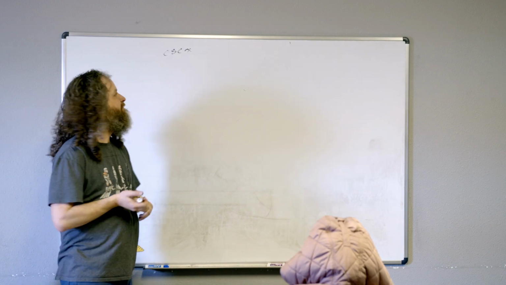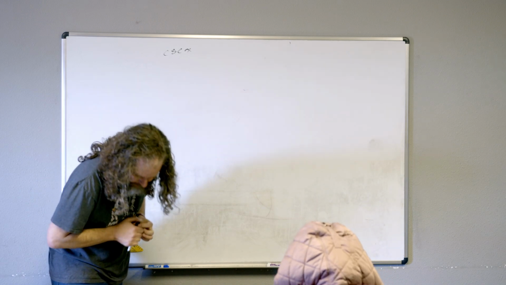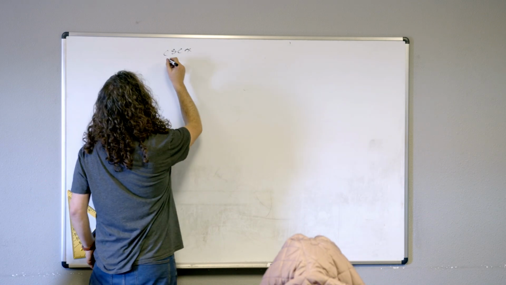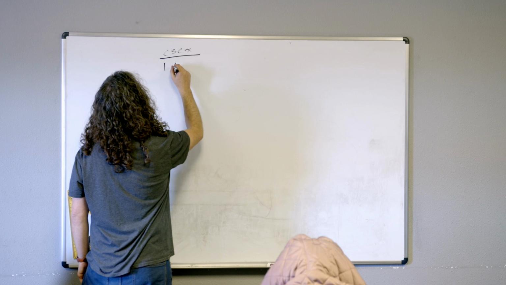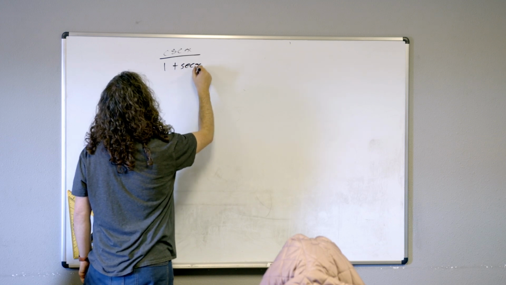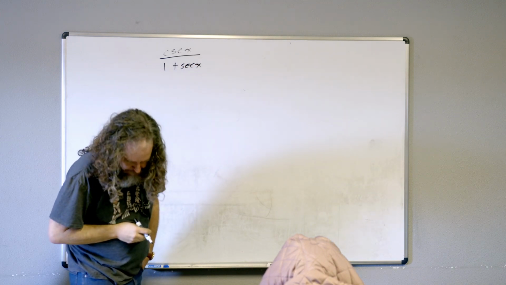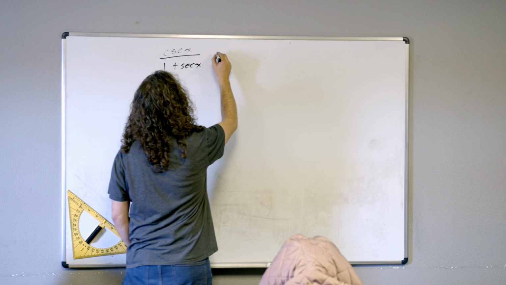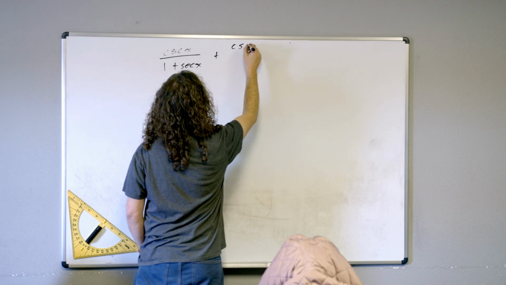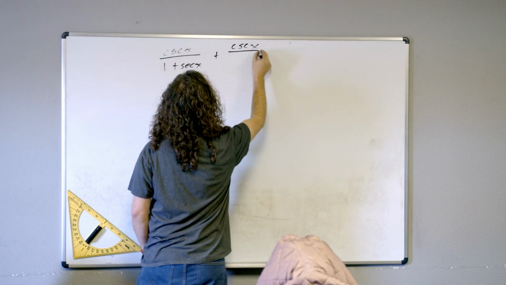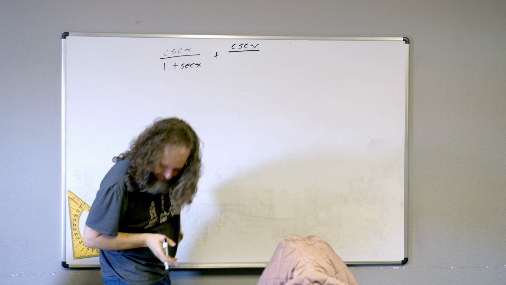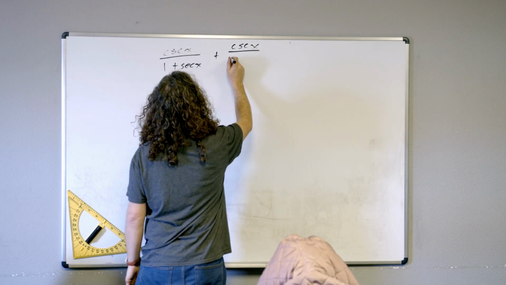Cosecant x over 1 plus secant x, plus cosecant x over, is it 1 minus, I bet? Yeah, 1 minus secant x.